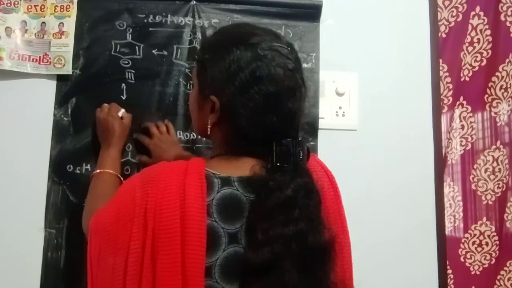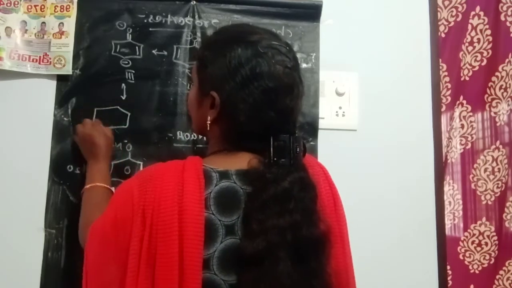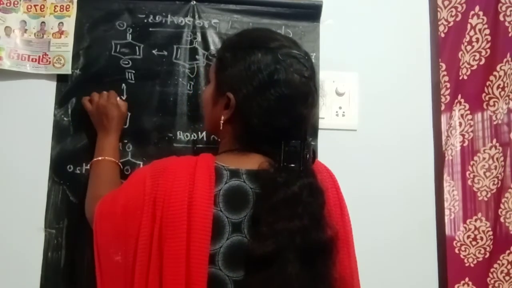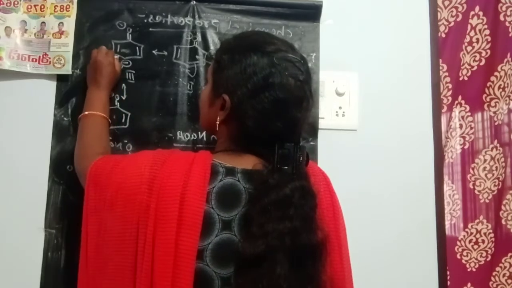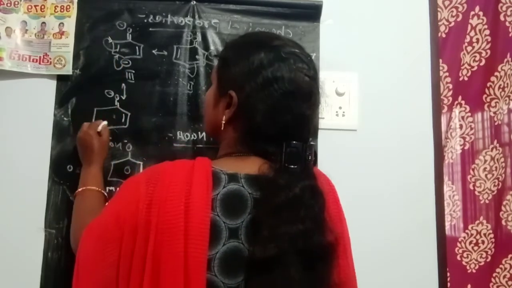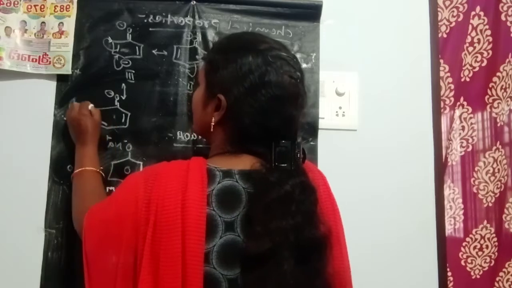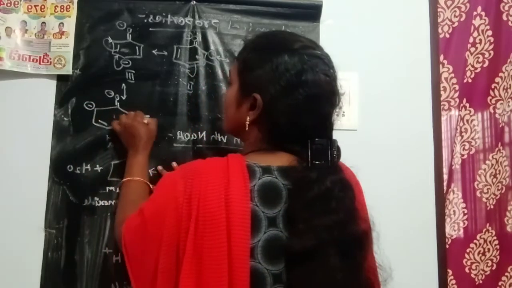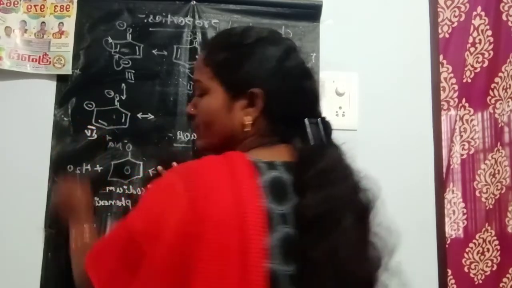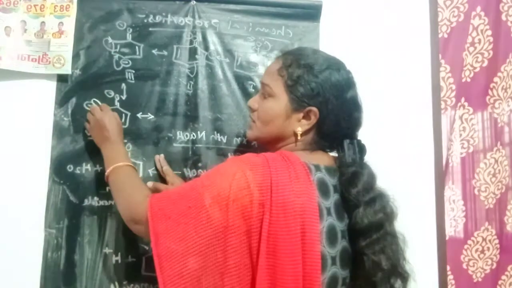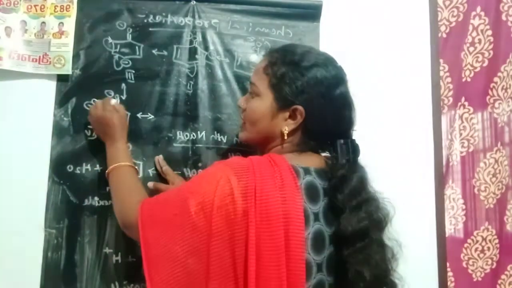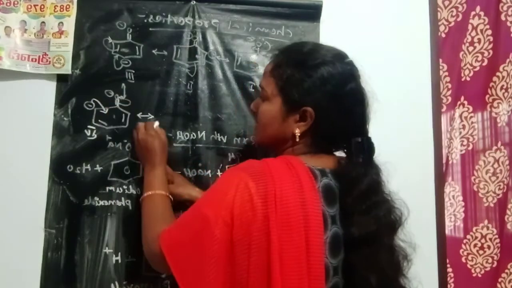Next, the fourth structure: the double bond at O minus shifts, and the bond shifts again, with the negative charge. This is the fourth structure. Next, the negative charge shifts again and the double bond shifts to the oxygen.